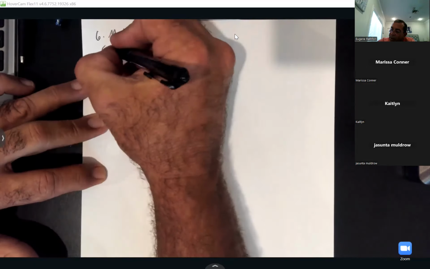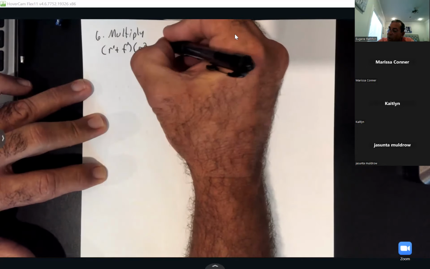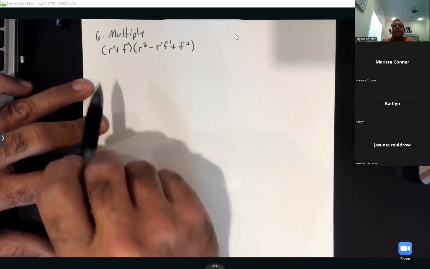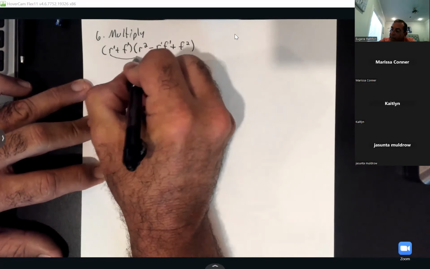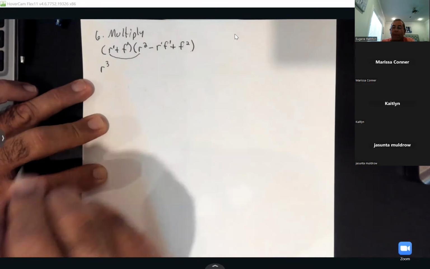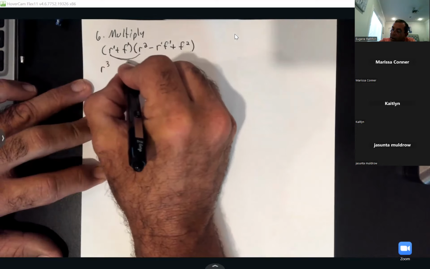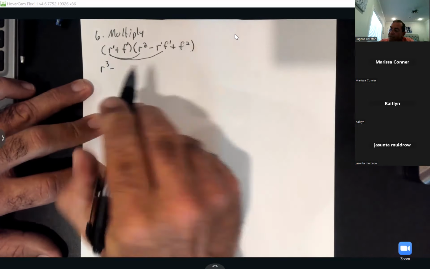So here we go. Remember, there's a 1 by, if it don't got an exponent, it's all 1s by them, okay? So this R times R squared, 1 plus 2 gives me a R to the third. This R times this negative RF, that's going to be a negative.